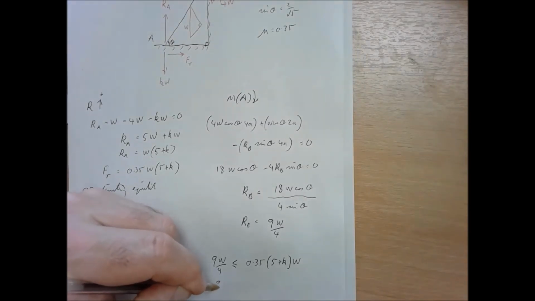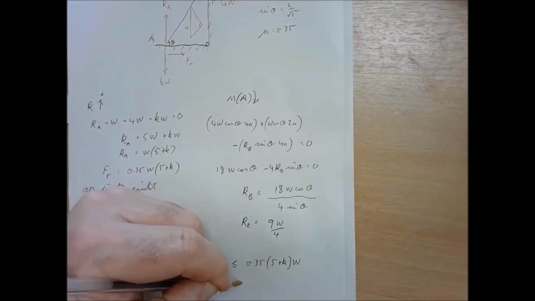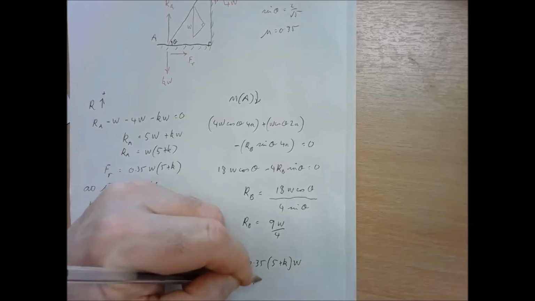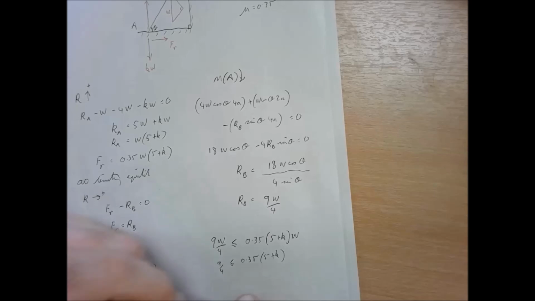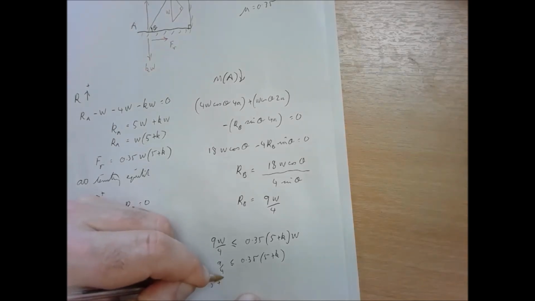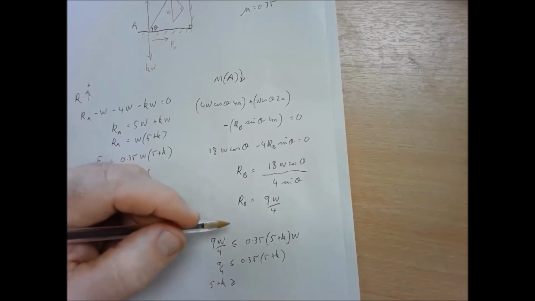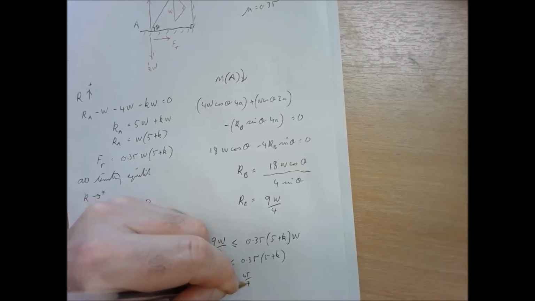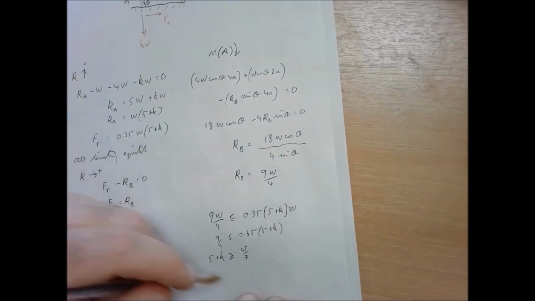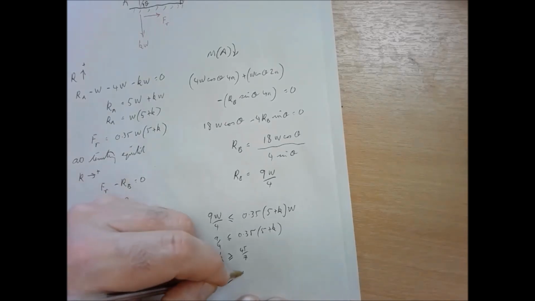So I can cancel out the W's. 9 over 4 is less than or equal to 0.35 (5 plus K). 5 plus K is greater than or equal to 9 over 4 divided by 0.35, which is 45 over 7. And so K is greater than or equal to 10 over 7.